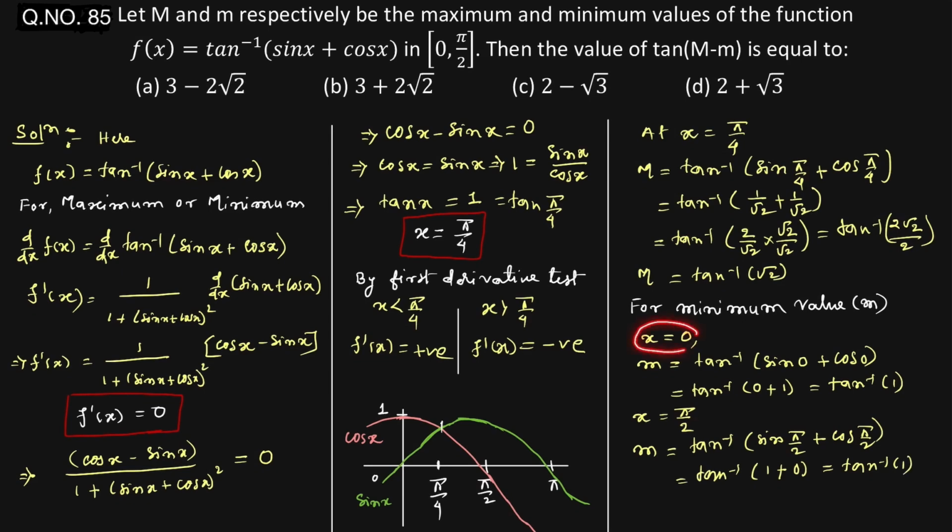So both the values, that is x equal to 0 and x equal to pi by 2, attain the minimum value, that is tan inverse 1. So our maximum value M is tan inverse root 2, and the minimum value m is tan inverse of 1.